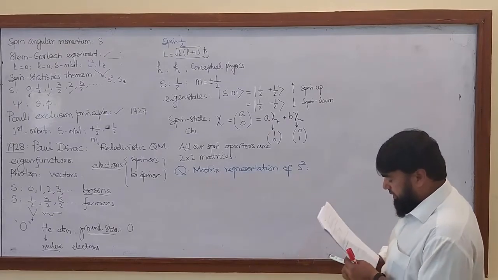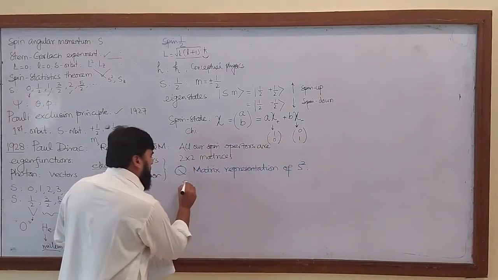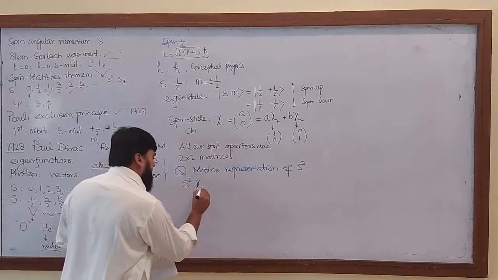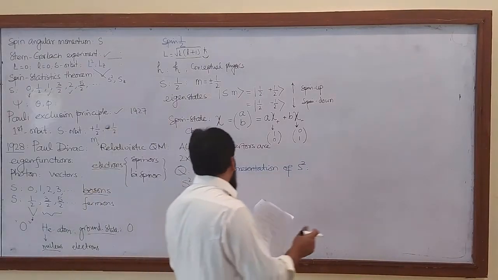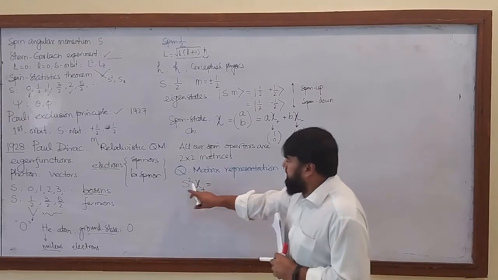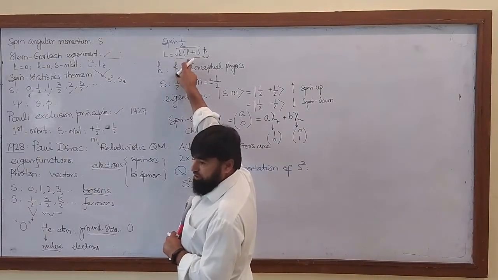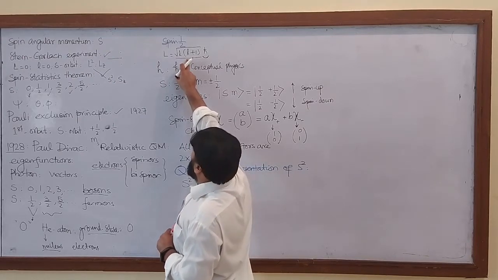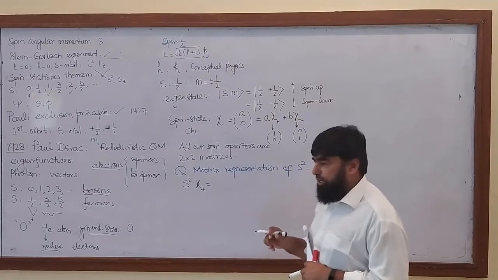So let's write this one: when S square operates on chi plus, what will it give you? You remember what S was from this terminology? S square is S into S plus 1 h bar square.